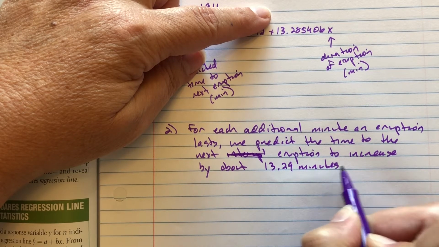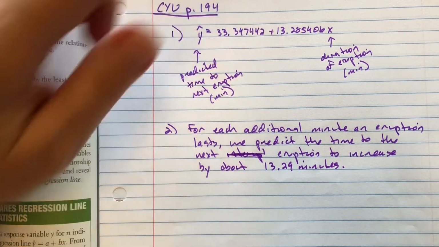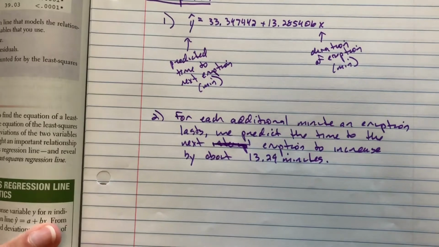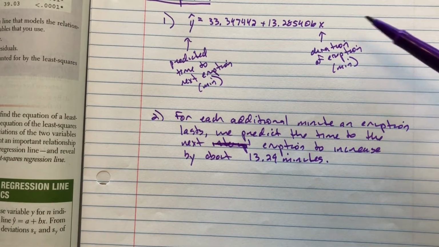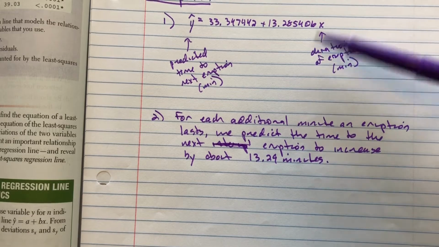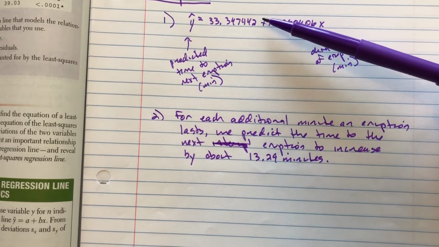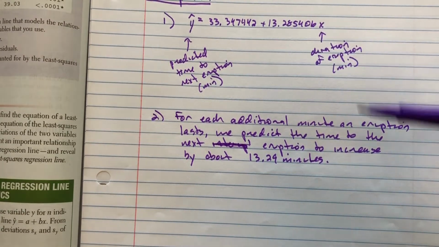I'm going to round that. So that is my interpretation of slope. Again, for each additional x, I predict the y to either increase or decrease by the slope amount.